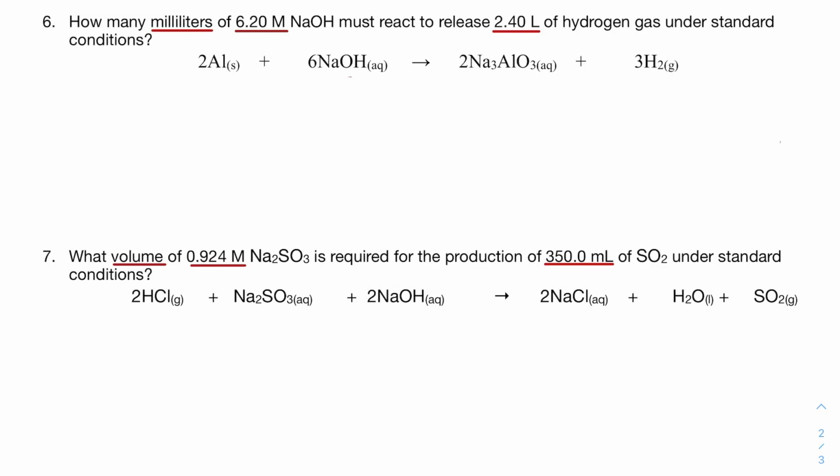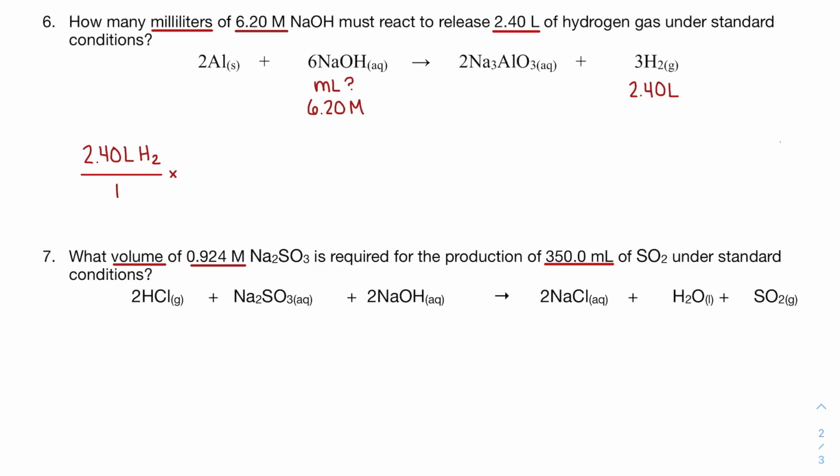In problem 6, we're given the information: how many milliliters of a 6.2 molar solution of sodium hydroxide must react to release 2.4 liters of hydrogen gas. If we identify the variables that we know, that 2.4 liters of hydrogen gas as the product is what we know for certain. So we will start with that and put that over 1.